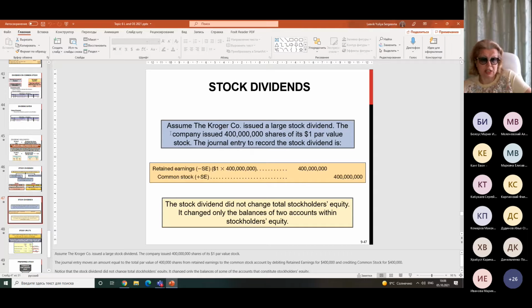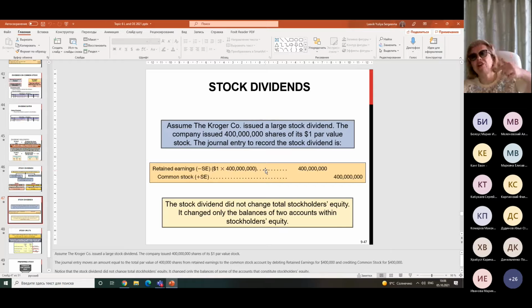Let's discuss this case. Assume that the company issued a large stock dividend. The company issued 400 million shares of its $1 par value stock. And the journal entry is the following. We should recognize an increase in common stock, you see, on credit. But how? Just to decrease retained earnings.